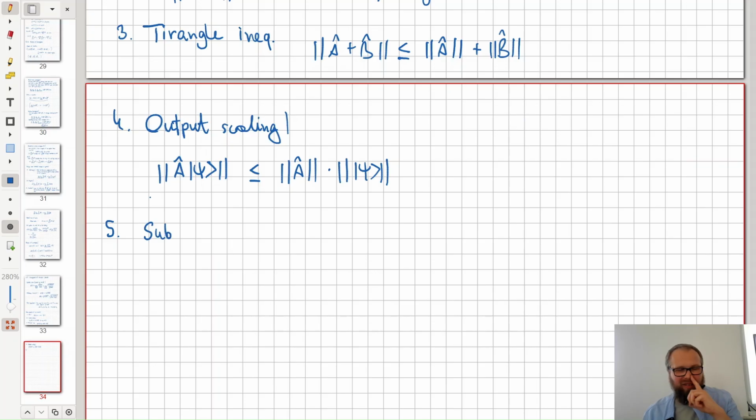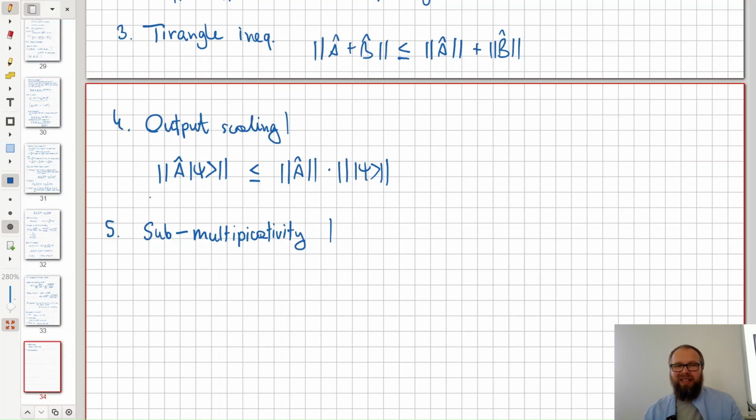Next, this is very important: submultiplicativity. This is true for the standard norm specifically, and this is perhaps the most important. This is the reason why we use it.